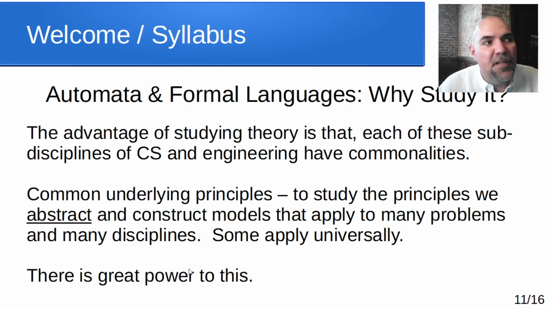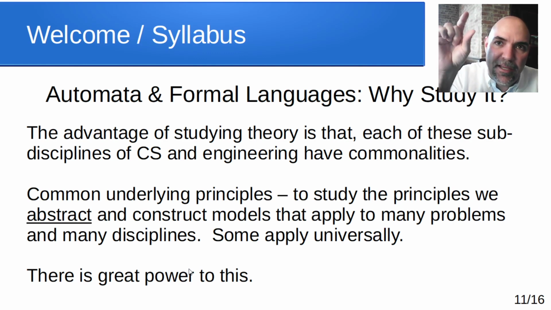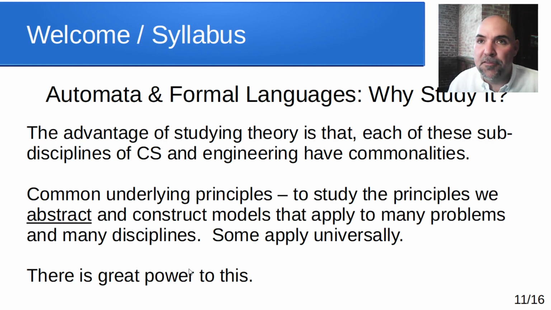And so by understanding and studying those common underlying principles, that really gives us a way to study those principles in an abstract way and then construct models that apply to those abstractions. But then by just the nature of it, you can apply that to any problem or any sub area that you're looking at. So some of those things will universally apply.